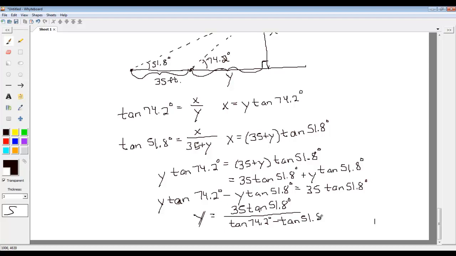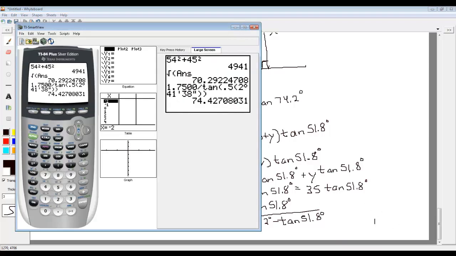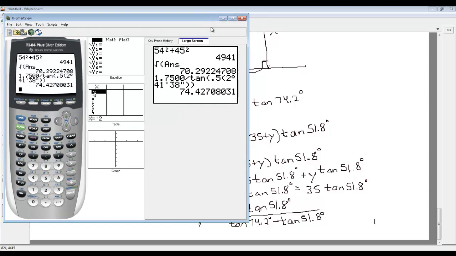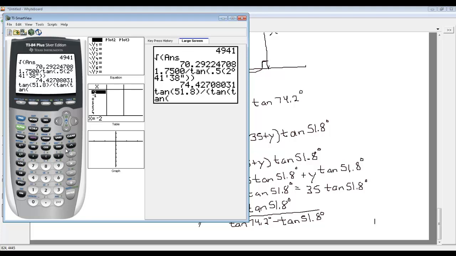Then put all this in our trusty calculator and see what it gives us. I like to put it all in at once so I don't have to worry about rounding or anything. So on the top I can put tan of 51.8 degrees. And then on the bottom, I'm going to put the bottom in parentheses, just to make sure everything works out.